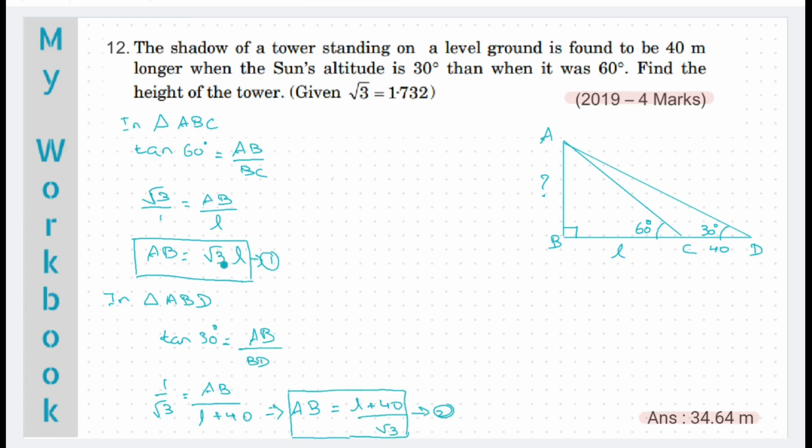We can equate 1 and 2 because AB is equal to root 3L and here AB is L plus 40 by root 3. So equating 1 and 2, root 3L is equal to L plus 40 by root 3.